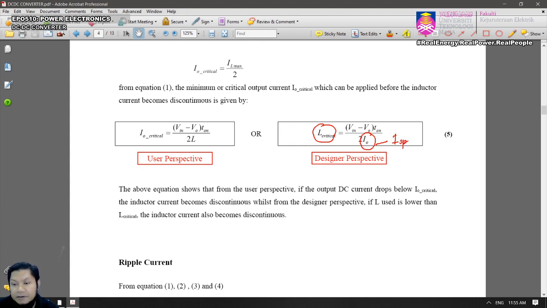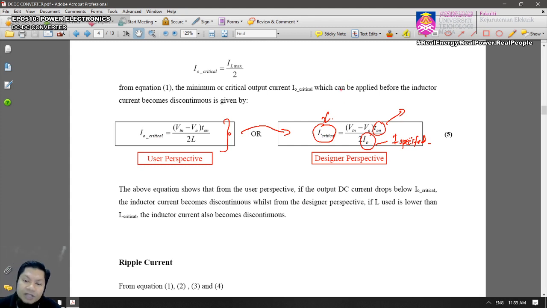So you are specified with this I naught, and we know that you're going to operate at a certain frequency as well as duty ratio. Then you can determine the minimum size of L so that the converter is still in continuous current mode operation. So you just modify this equation: you make L the subject of the equation and replace it with the value I naught. Therefore, that becomes L critical.